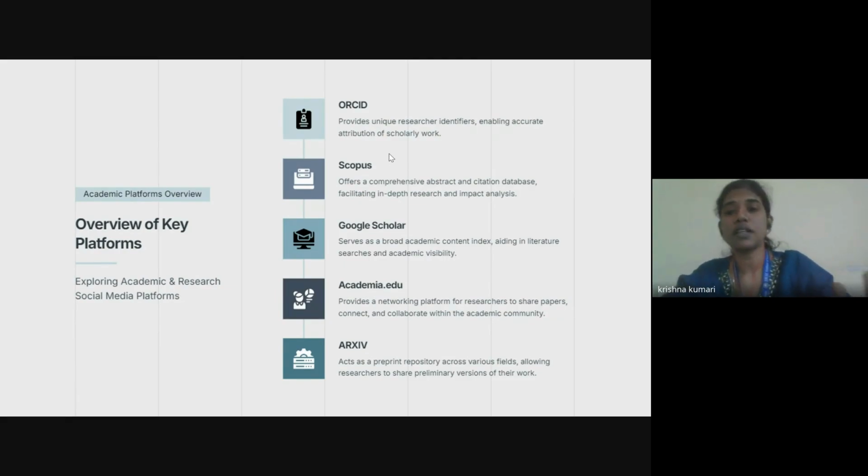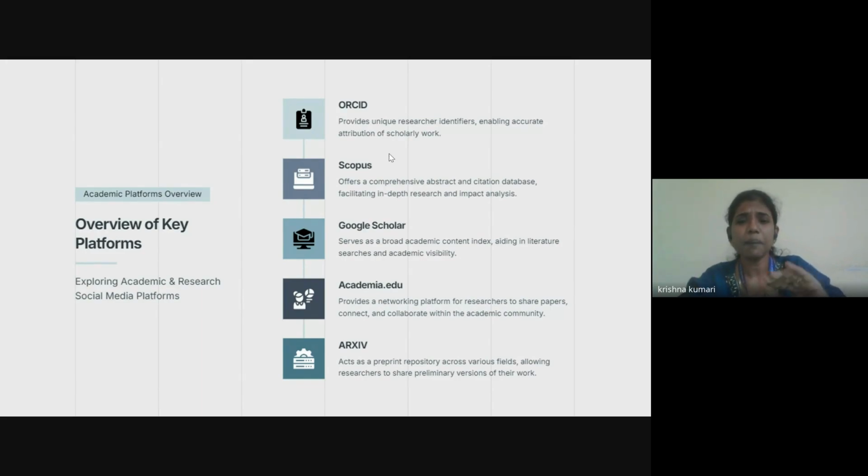And Google Scholar is a platform that serves as a broad academic content index, and it also helps academic visibility. Google Scholar is not a very standard platform, because we ourselves have an option to upload our paper there. By uploading the details of our paper to Google Scholar, we can make it visible.